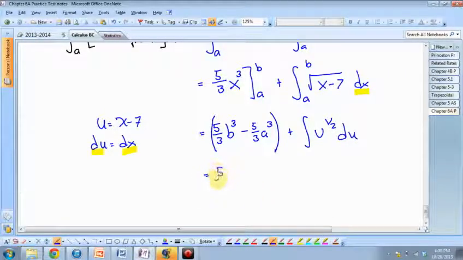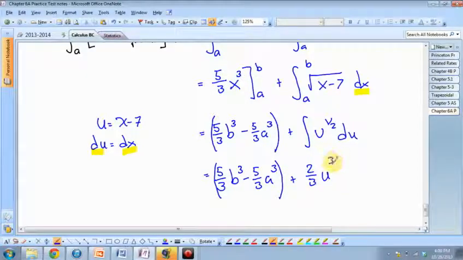That's 5/3 b cubed minus 5/3 a cubed plus 2/3 u to the 3/2 power.